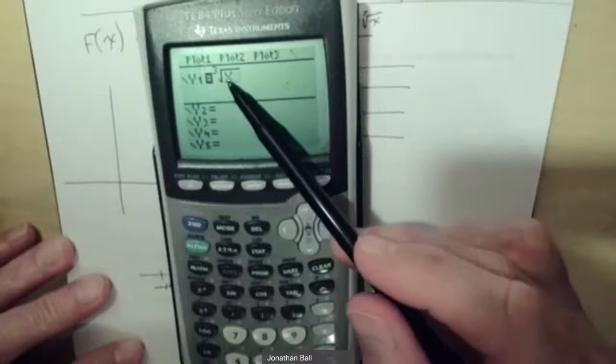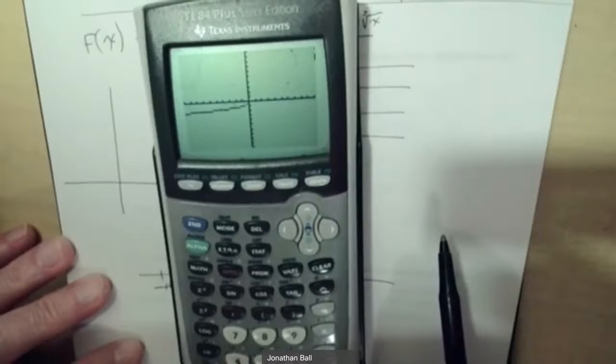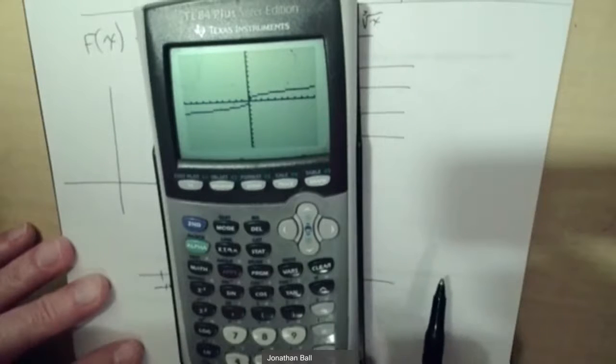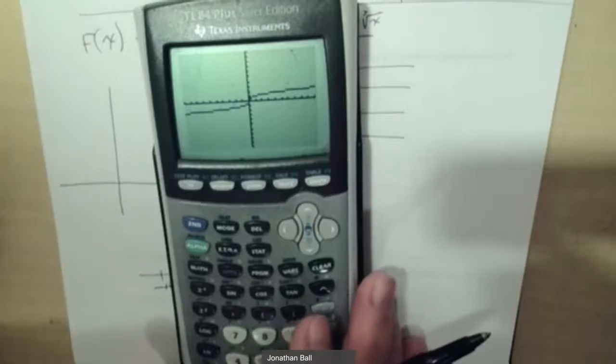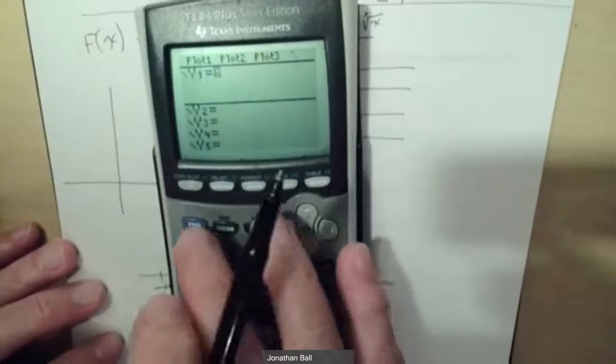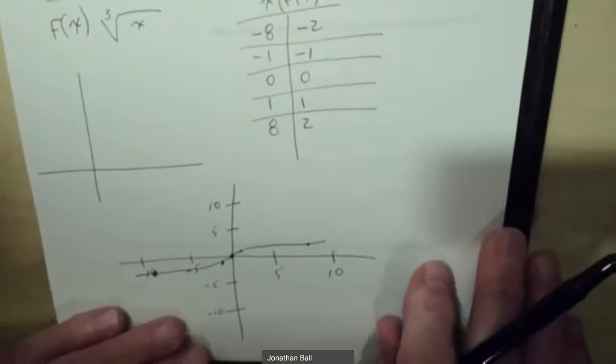Okay, cube root of x, go to the table, and you can see that even as bad as my graph is, we are correct. Y equals, clear, turn it off. You can see how this calculator is your friend.